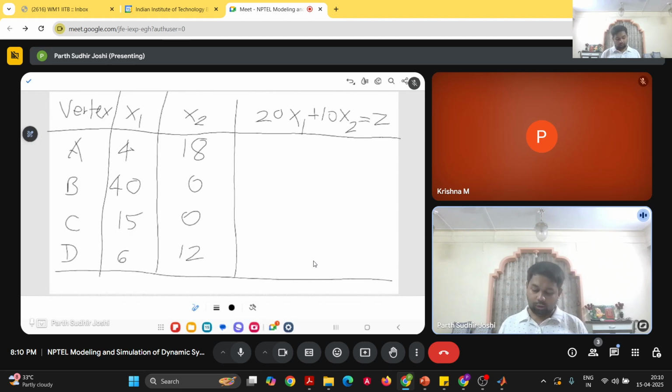So what will be now the value of Z for the vertex A? It will be 20 into 4 plus 10 into 18.